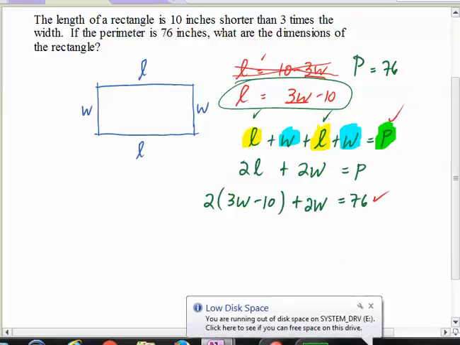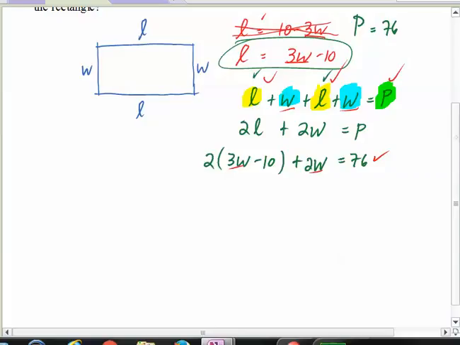So I get rid of the P and the L's, and I'm left with all W's and numbers. Now, with one variable, I can solve it with one equation. 2 variables, I must use 2 equations. 3 variables, 3 equations. In a sense, I've used 2 equations, and we have it down to 1 right now.